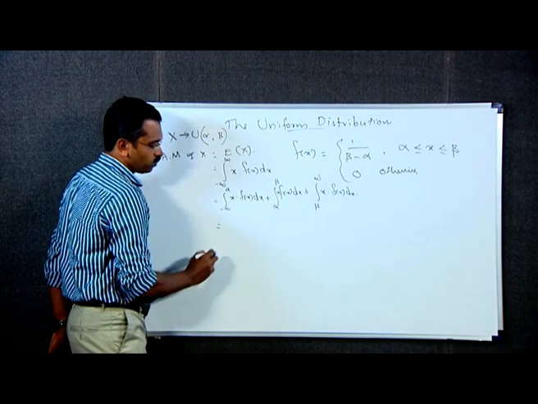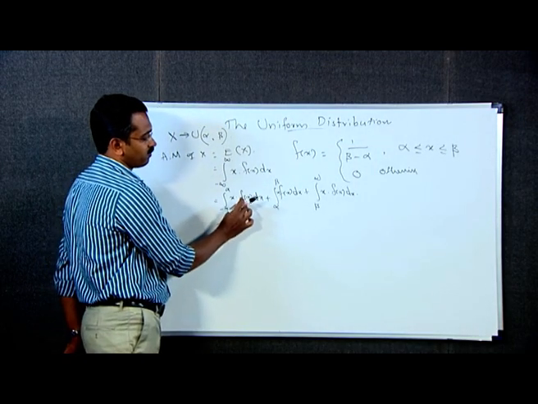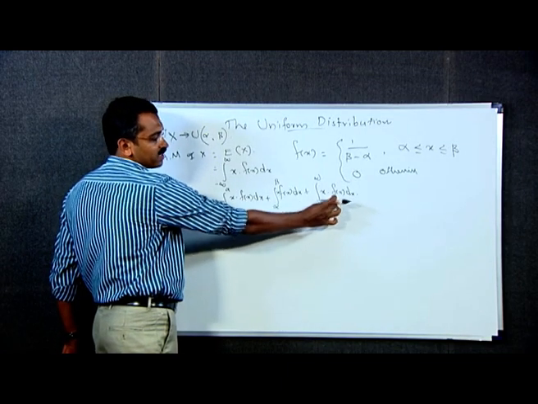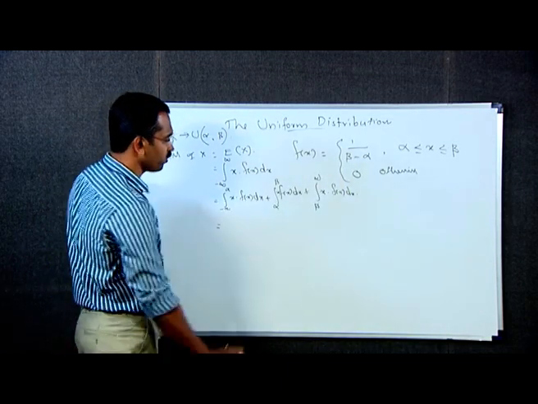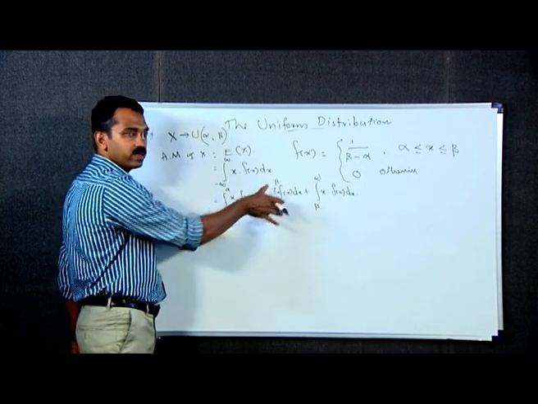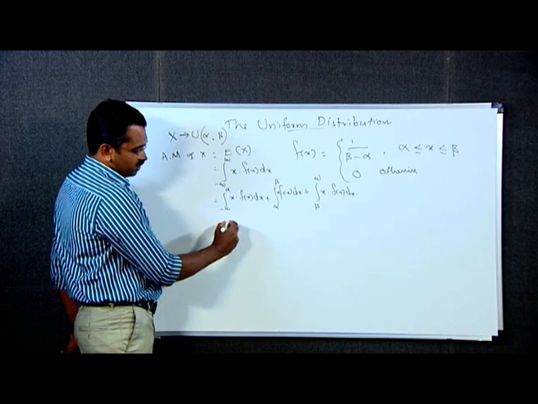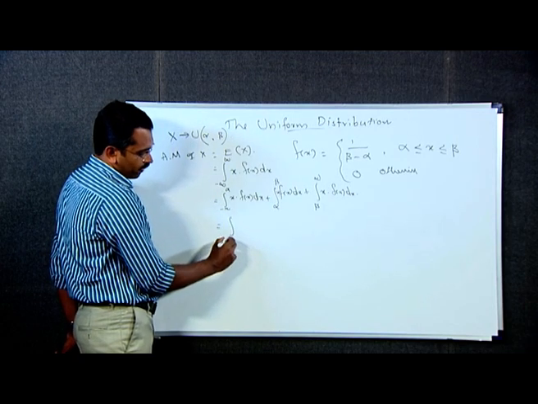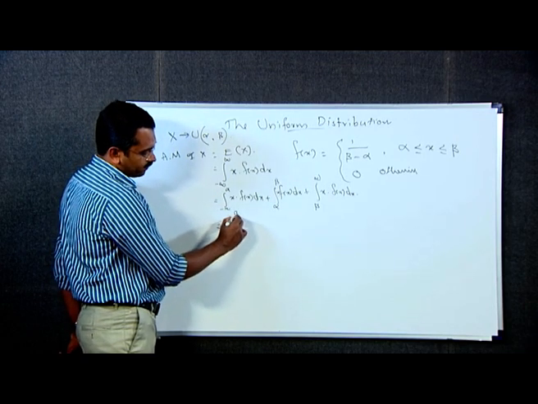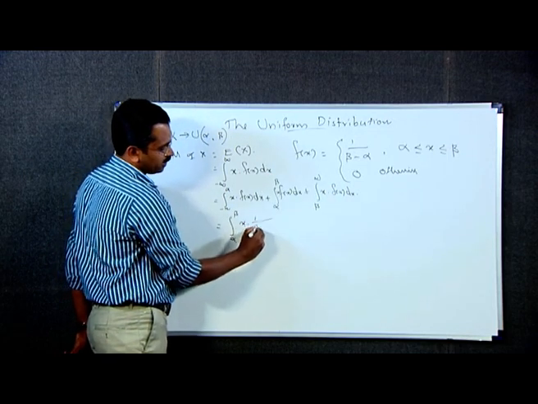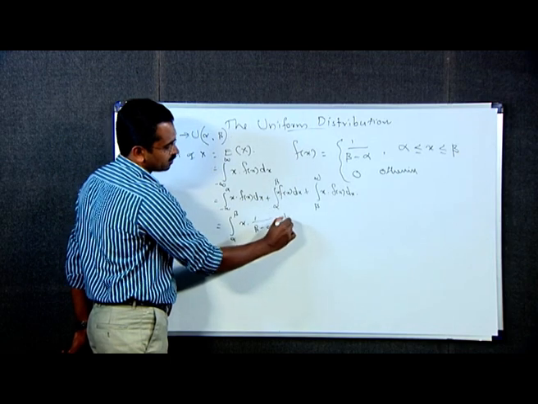In the first and last cases the function is defined as 0. Therefore, we have to evaluate the middle integral only, which is equal to integral from alpha to beta x into, here f of x is 1 divided by beta minus alpha, dx.